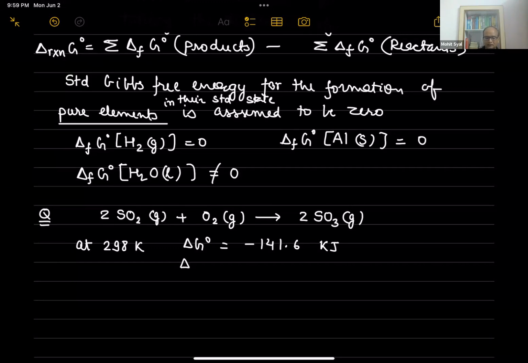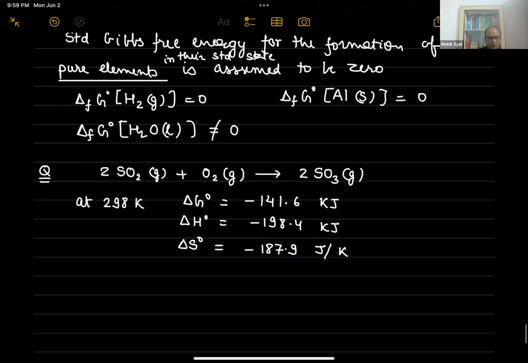Delta H for the reaction is given. So all this data is given, right?